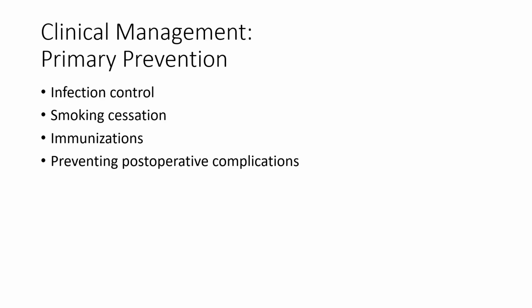So primary prevention is going to be infection control, which will go back to the little old person who had surgery in their post-op, and we need to be sure that we're using good hand washing technique, that we're preventing sick people from coming into the hospital to visit them and sharing their bugs with them. Also be sure that they're getting the right antibiotics.